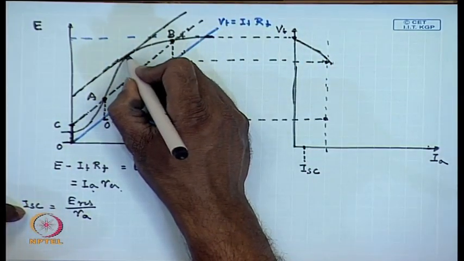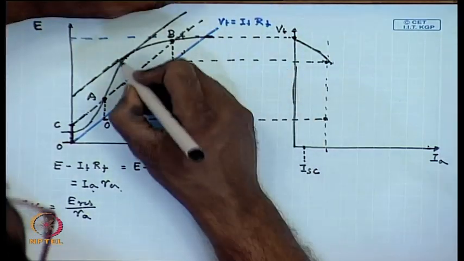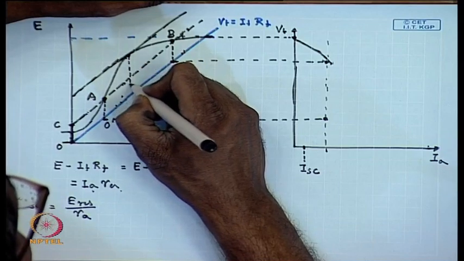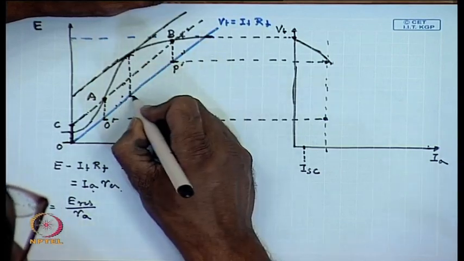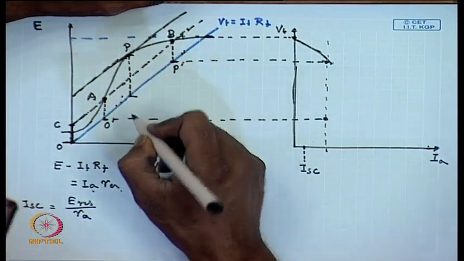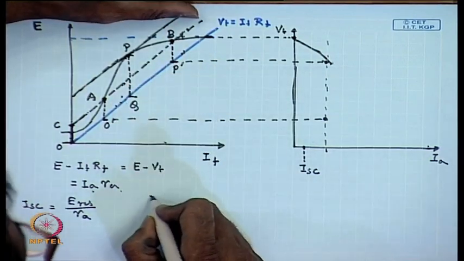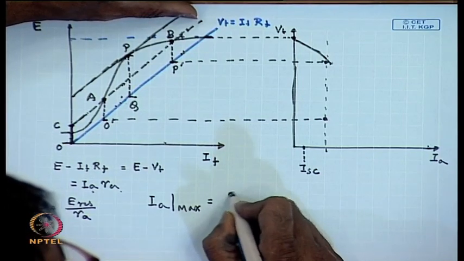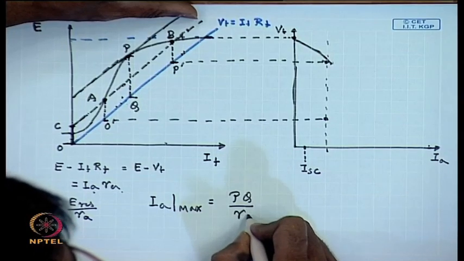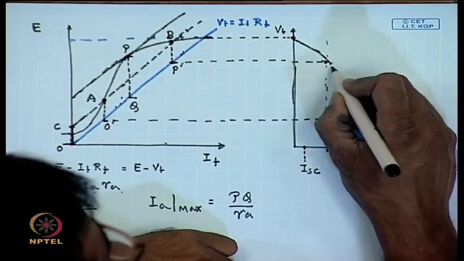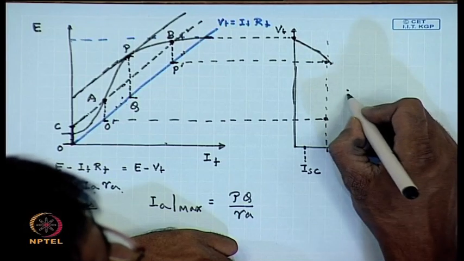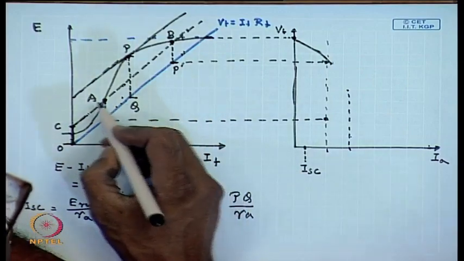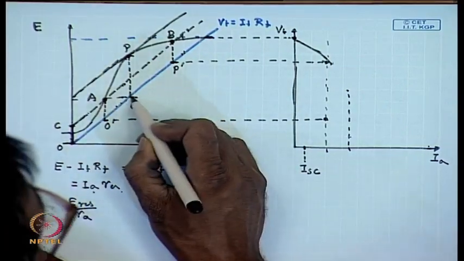So, the vertical distance of the point where this characteristic touches, from the field load line, is the maximum IA. This is P, this is Q. So, IA max equal to PQ by RA. And the corresponding terminal voltage is this point.